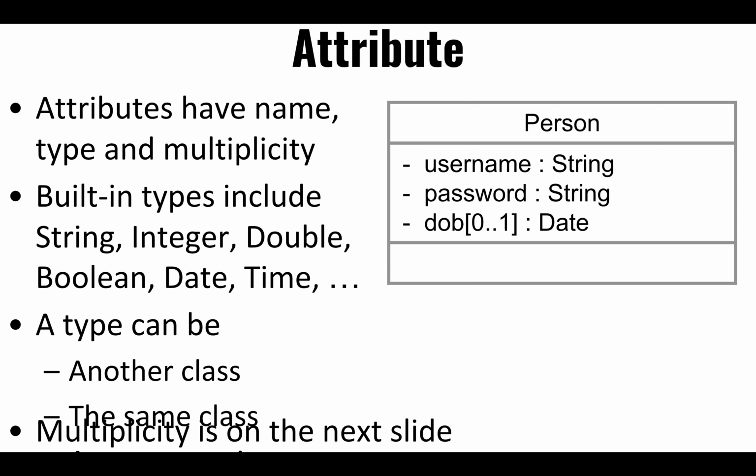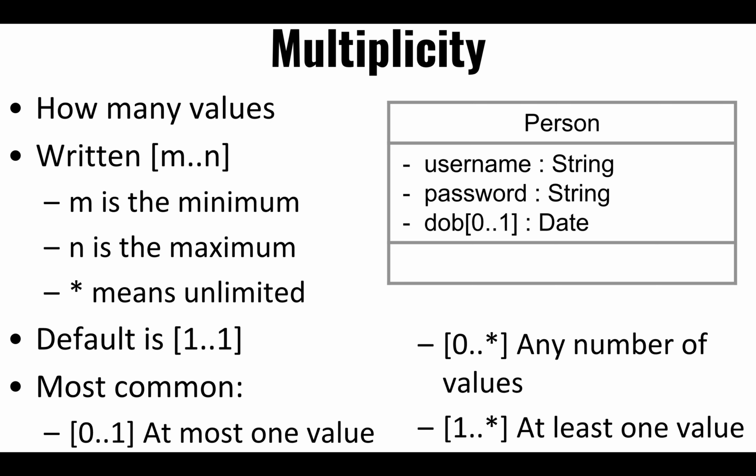So that multiplicity tells you how many instances of that particular data value you might have in a single instance. And all the built-in data types are there: string, integer, boolean, double, date, time, and whatnot. For a person, maybe this was date of hire. Maybe that's what it meant. When I hired you, maybe that's what it meant.